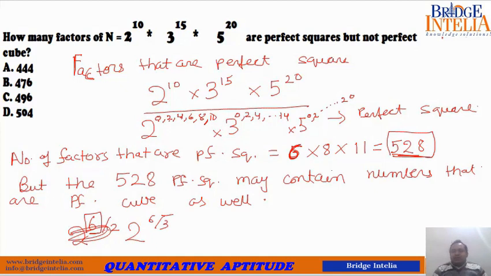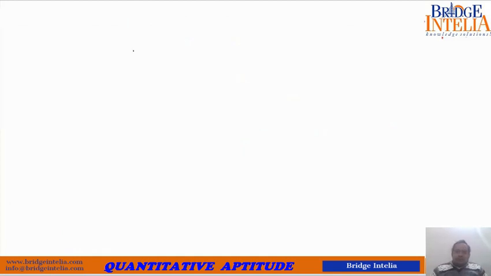So let us remove those numbers from 528. The number is 2 to the power 10, 3 to the power 15 into 5 to the power 20.